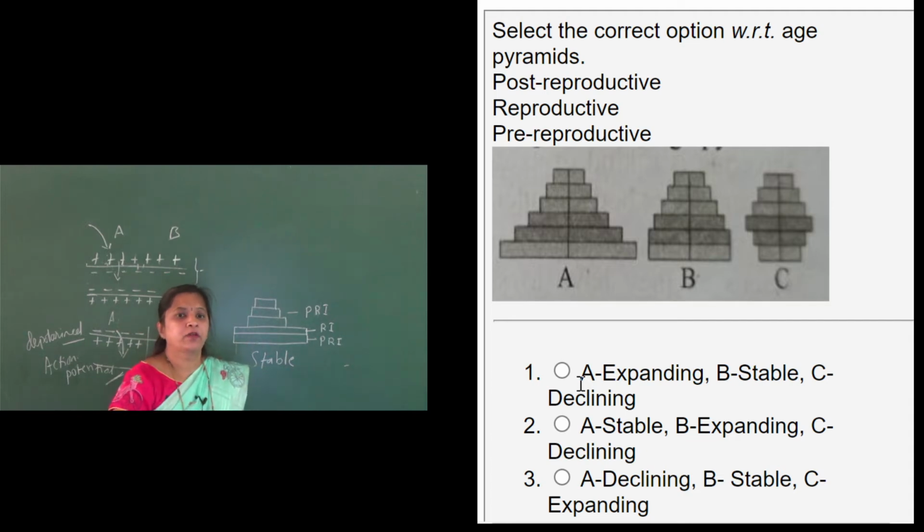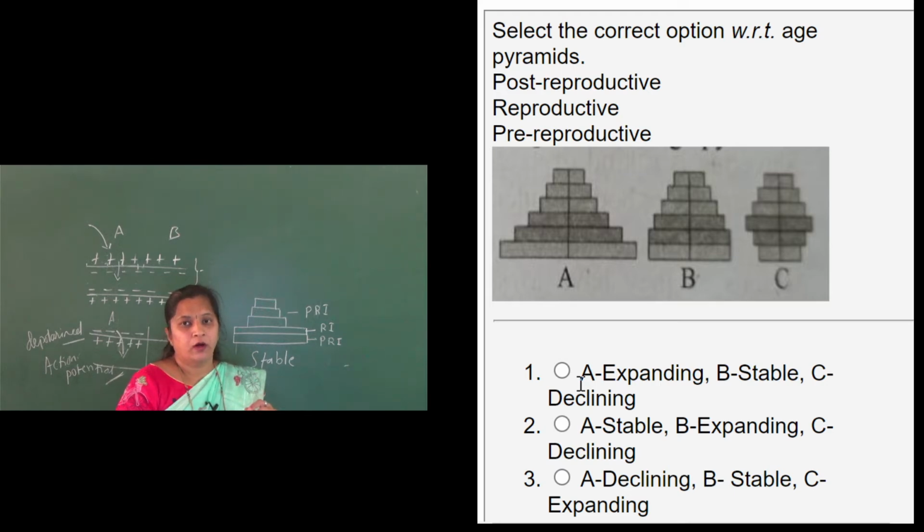Select the correct option with respect to age pyramids. So three types of age pyramids are there, as I told. The first is a triangular age pyramid, the second is a bell shape, and the third is an urn-shaped age pyramid.